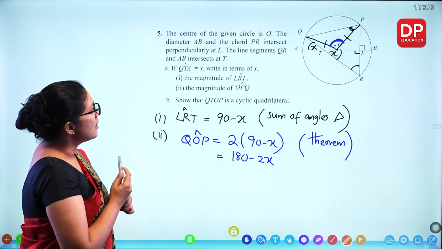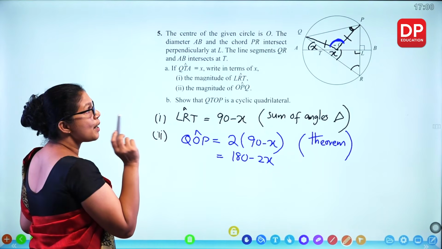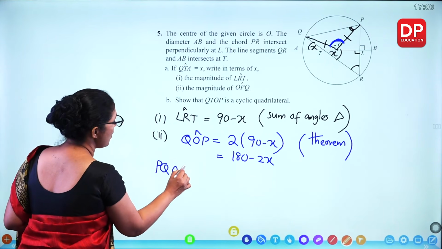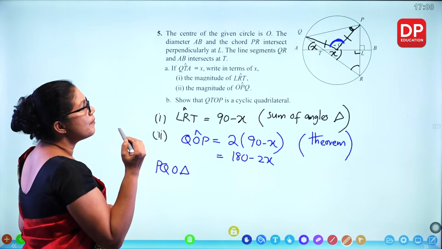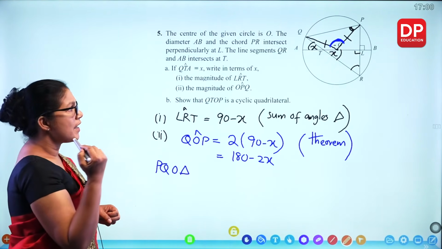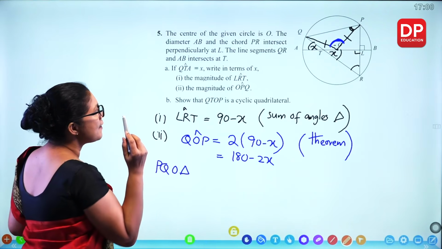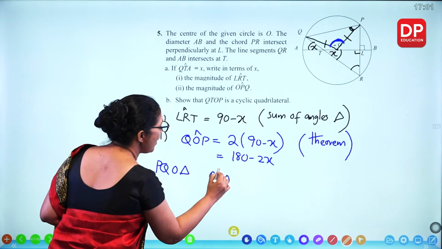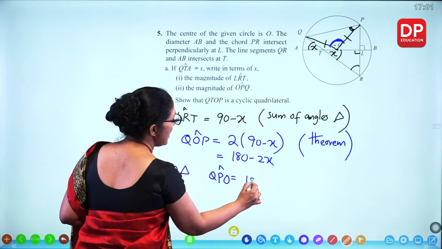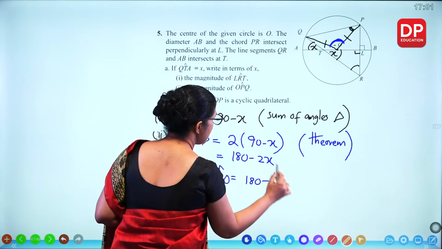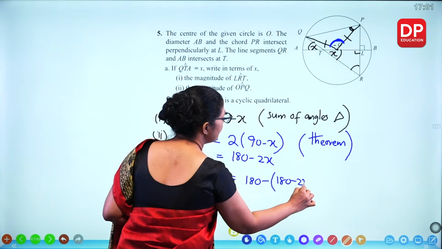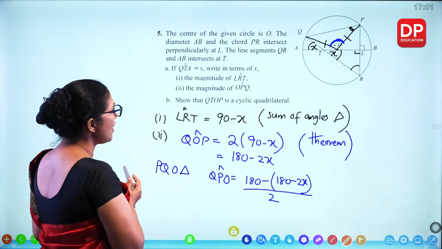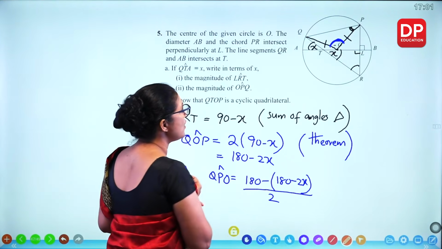That's this one. Then when you take triangle PQO, OQ and OP both are radii. So what is the QPO angle? QPO angle is 180 minus this angle, divided by 2.